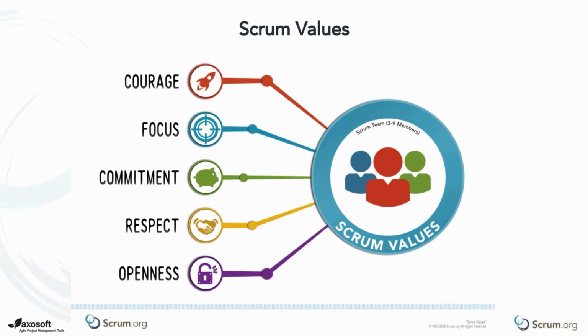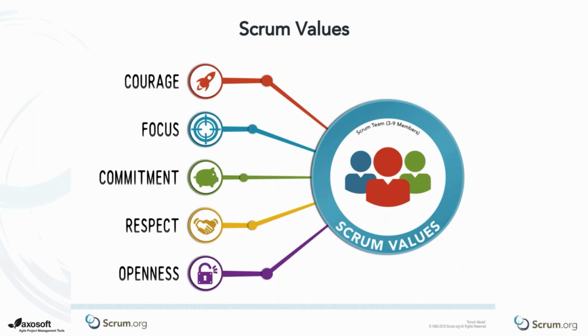So the Scrum team must have courage to speak up, courage to do the right things, courage to talk openly and honestly within the team and outside of the team, but certainly within the team as well. They must have focus on the things that they are going to work on, both focus on their individual work as well as the work of the team. A big part of Scrum is this is all about the team. It's not about the individual. We together as a Scrum team are delivering.